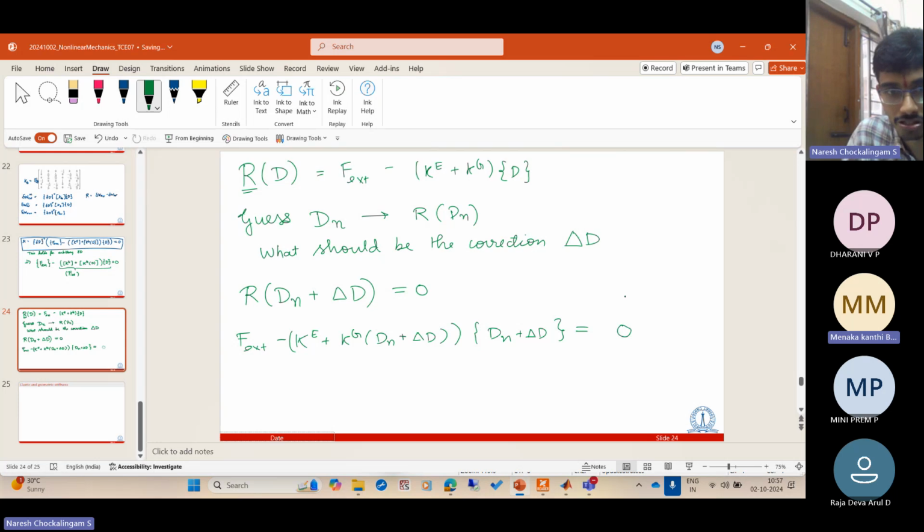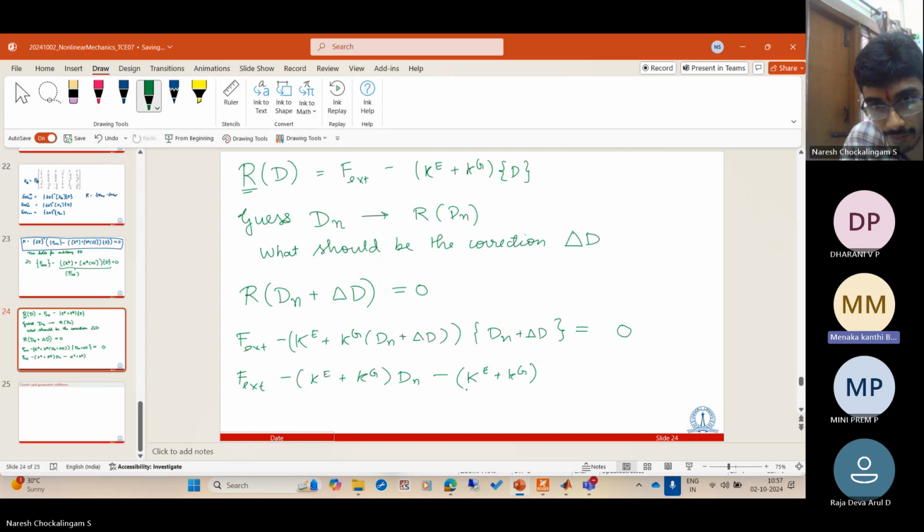This is what I want to ensure. Simplifying this further, Kg itself, to a first approximation, you can take as Ke plus Kg times dn, minus Ke plus Kg times delta d, is equal to 0.